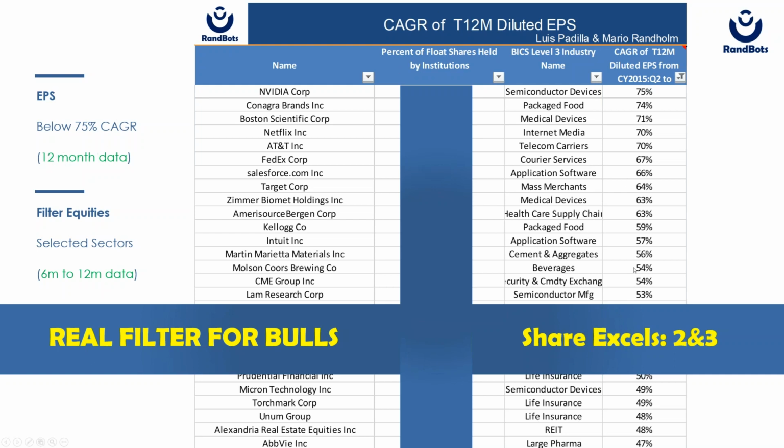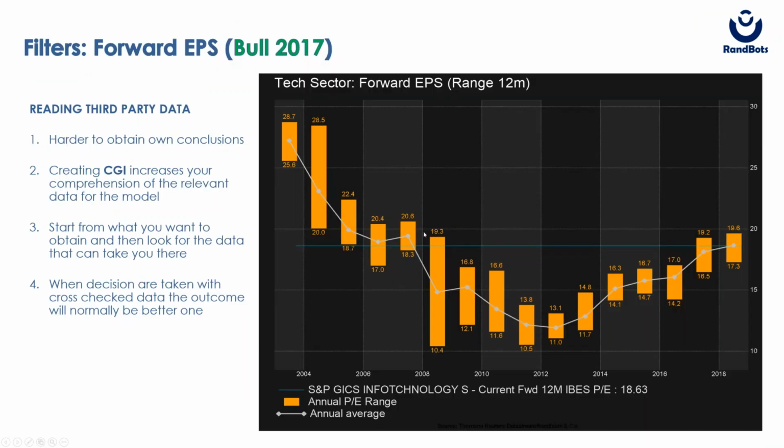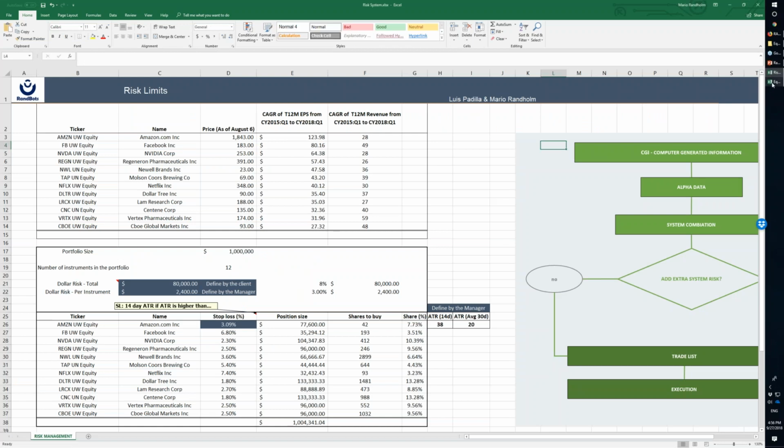I can send you this as well. And we have filters for selected sectors, especially looking at 3 months, 6 months, and 12 months. These are filters for the bulls. Let me review the Excels with you.